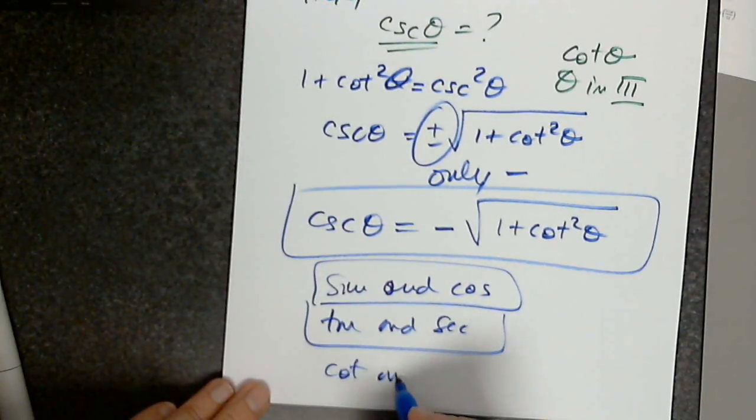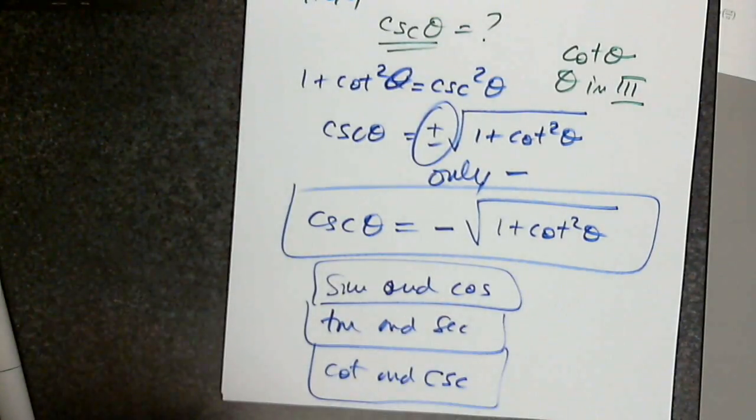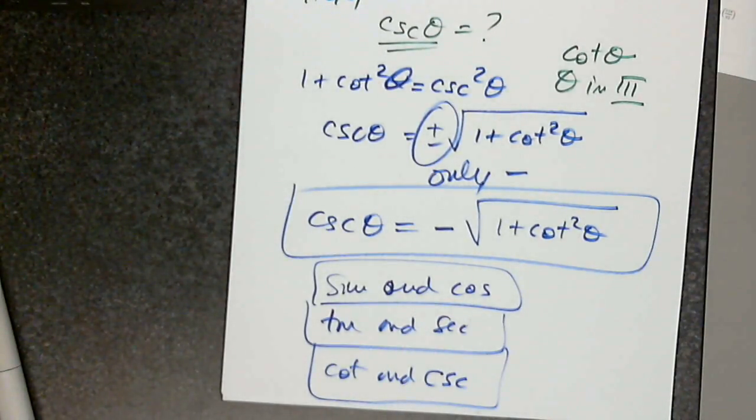And cotangent and cosecant are related. So there is an equation that involves sine and cosine. There is a second equation that involves only tangent and secant. And there is a third equation that relates only cotangent and cosecant.